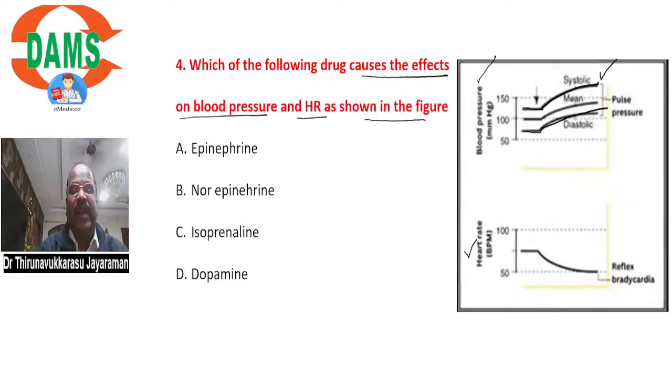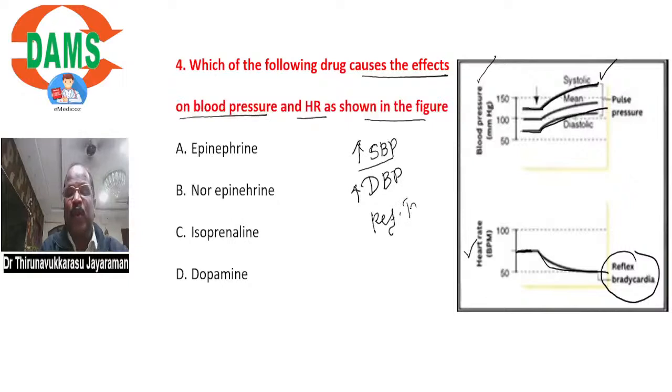That means a drug increases both systolic blood pressure and diastolic blood pressure. And what about the heart rate? The heart rate from 80 gets dropped, causing reflex bradycardia.